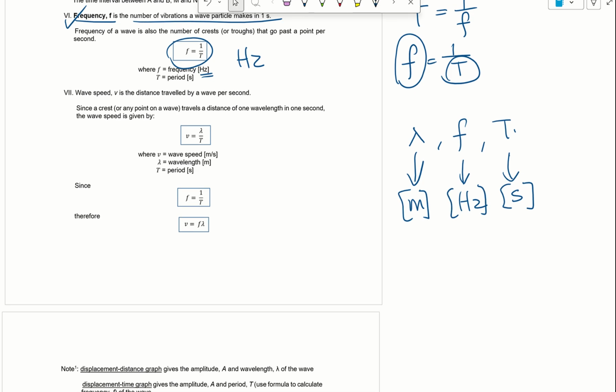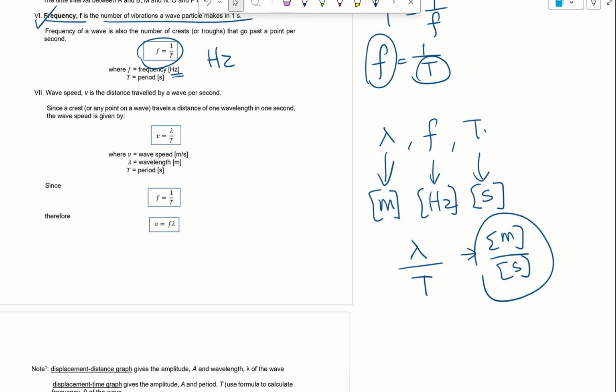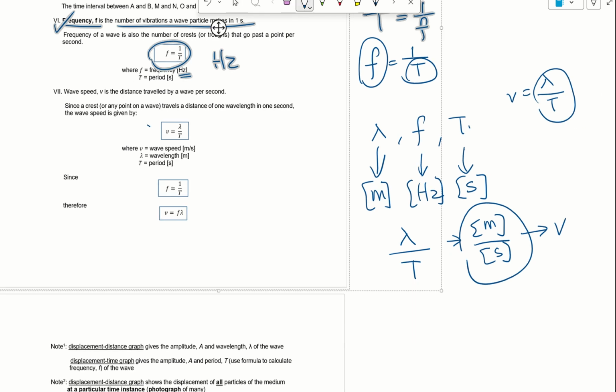So imagine if I put my wavelength over T, I have the units of meters over second. And meter per second is actually the unit for speed. That means v equals lambda over T. And we have this new formula.